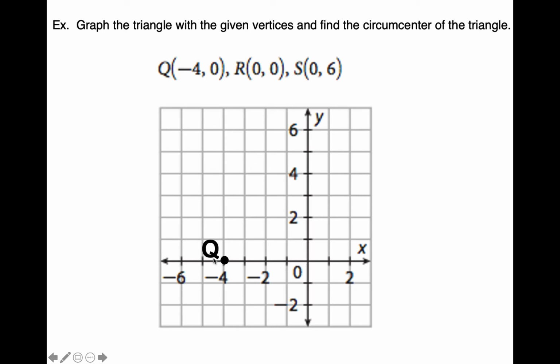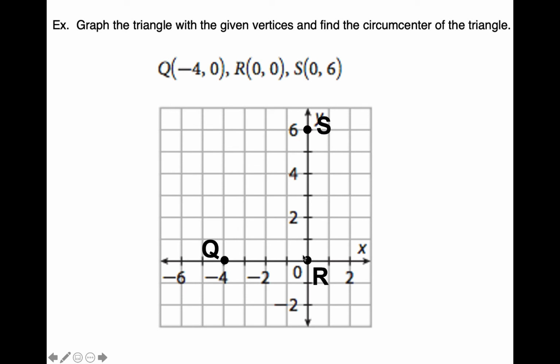Put a dot and then label that point Q. R is at 0, 0, so that's at the origin. 0, 0, that's point R. And then S is at 0, 6, so that means you're going left 0, right 0, but you're going up 6. So starting at the origin, we'd go up 6, put a dot, call that S.